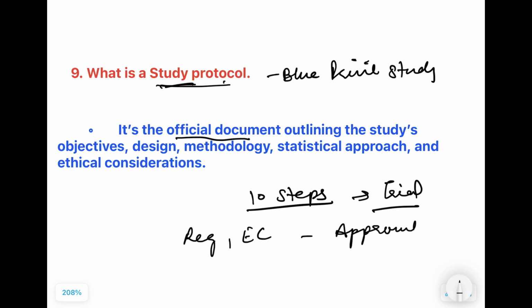And this is also a clever approach, link your 13 GCP principles while you are handling questions in your interview, like study protocol. This determines the scientifically sound protocol, right? This is linked to the GCP principle. It's an official document, outlining the study objective, goal, design, methodology, how you will do it, statistical approach, what statistics you will be applying, and ethical consideration.